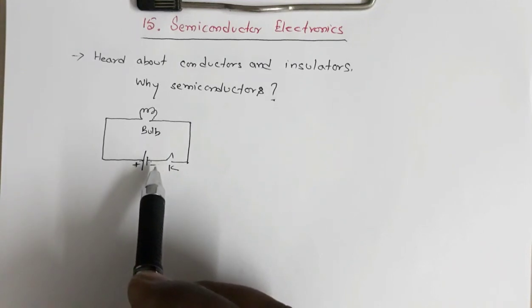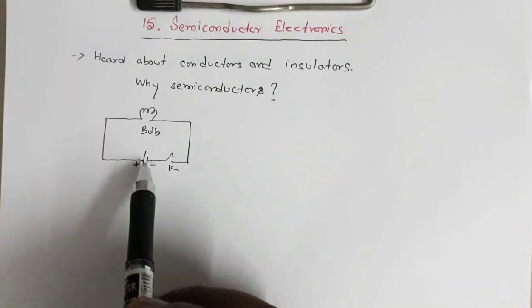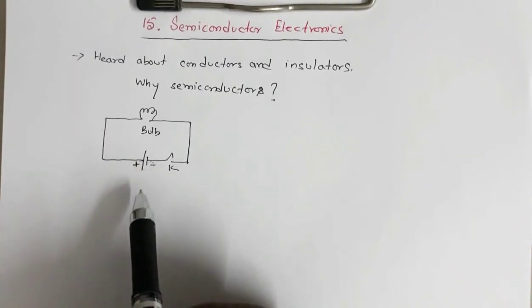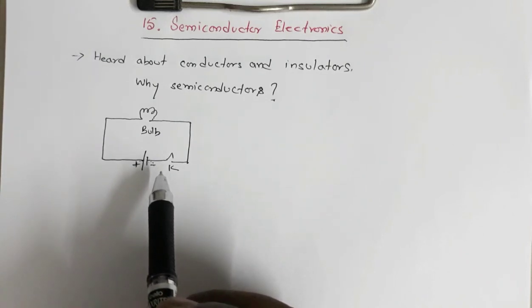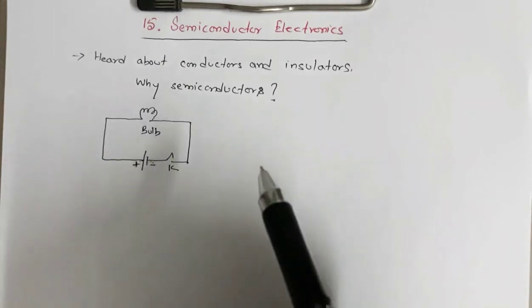Whichever side is at high or low potential, there is a flow of current. The necessary condition for current to flow is that there should be a potential difference. If there is a potential difference and the circuit is closed, definitely there will be a flow of current.